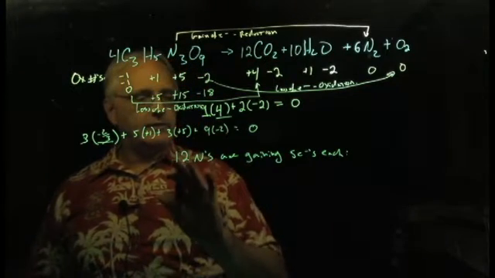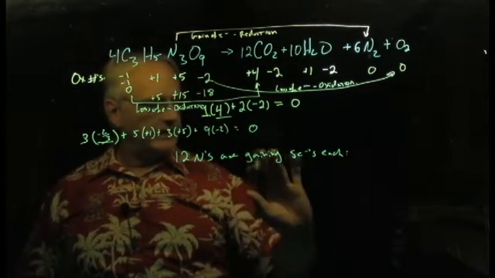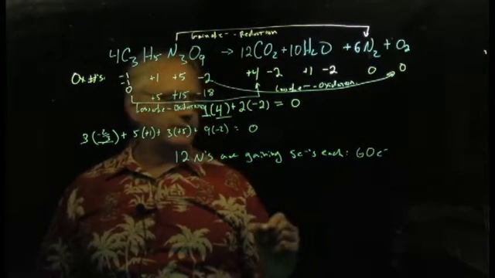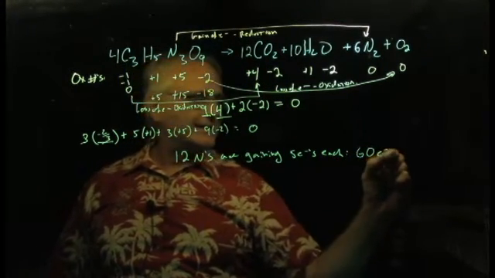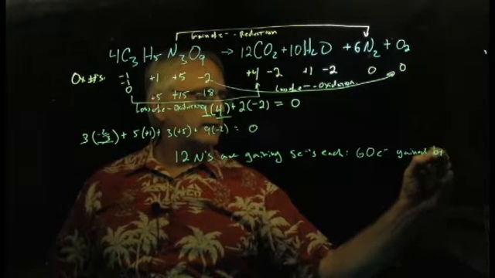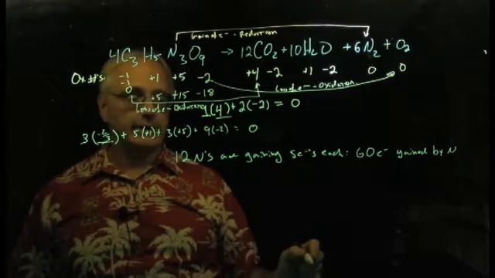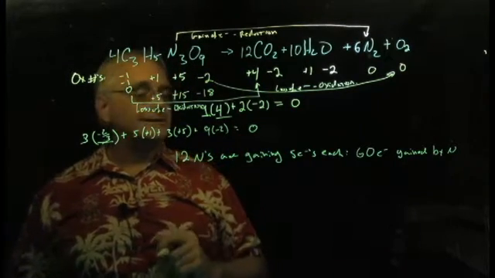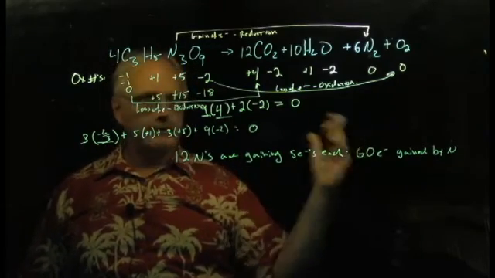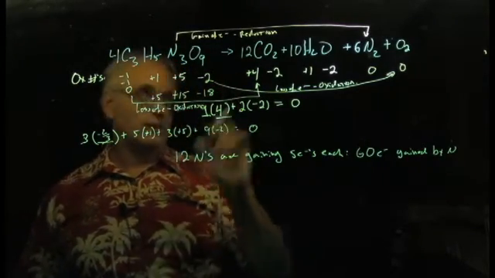Do you realize that is 12 nitrogens gaining 5 electrons? That's 60 electrons gained by nitrogen total. Now I want to look at the other side. That is the reduction part here, a total of 60 electrons overall.